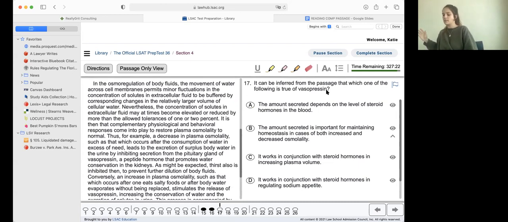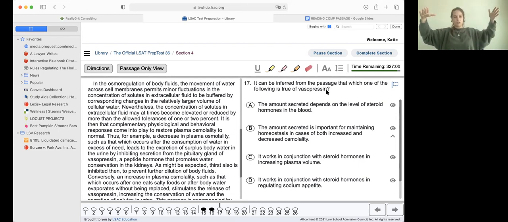So we know that vasopressin is the peptide hormone that helps with water conservation in the kidneys. So if vasopressin stops, we get thirstier. If it's released, then we're not thirsty, or if it stops, then we are thirsty.